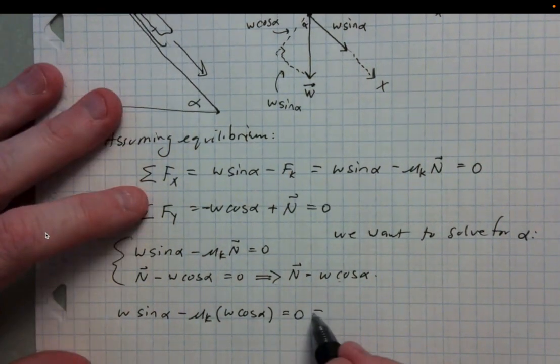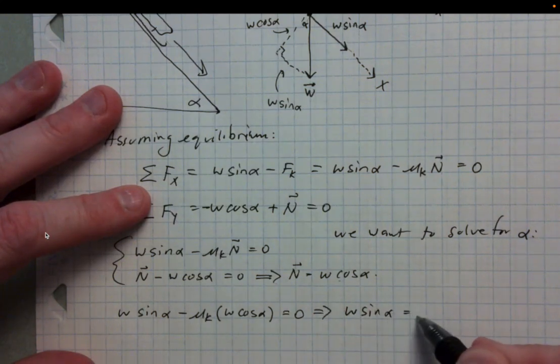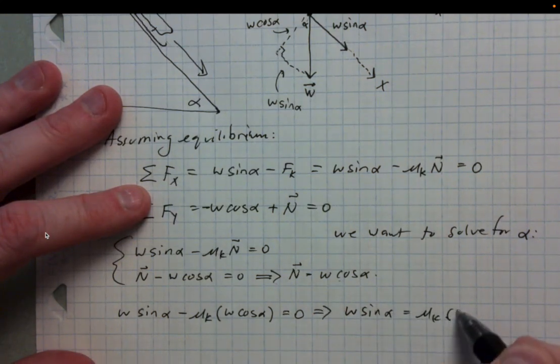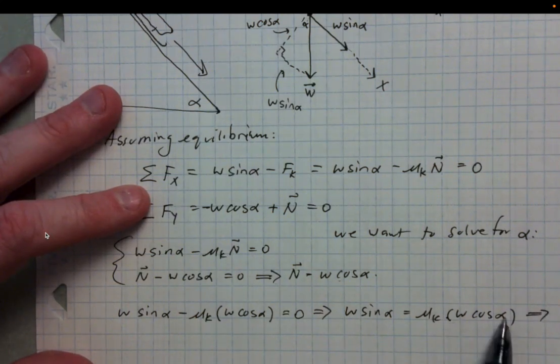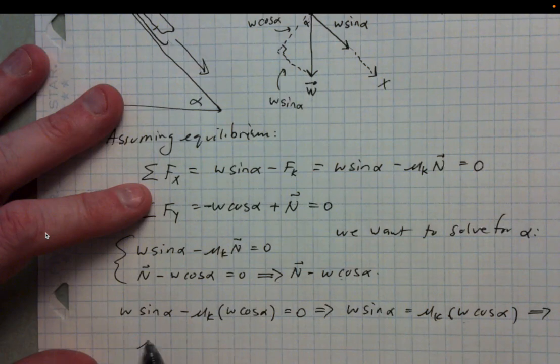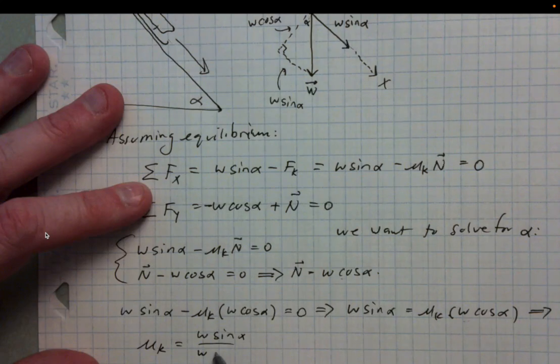Well, that means W sine alpha equals mu sub k times W cos alpha, right? Which means, and I can do some algebra here, that mu sub k equals W sine alpha over W cos alpha.